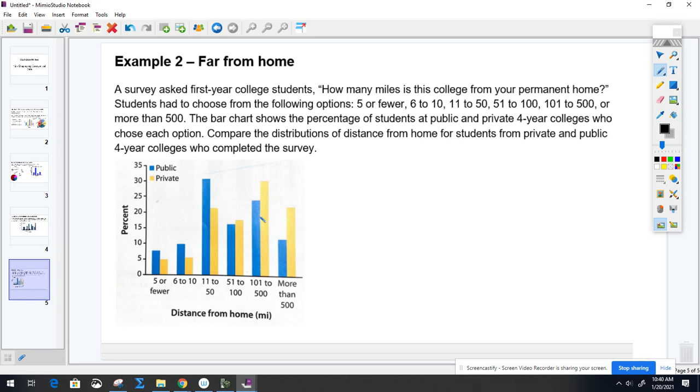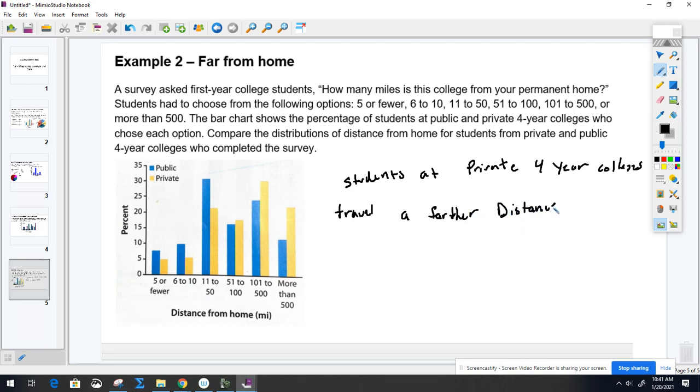Okay, so again, you can write this however you want, but the conclusion that we could write from this data is: students at private four-year colleges travel a farther distance from home than students at public four-year colleges.